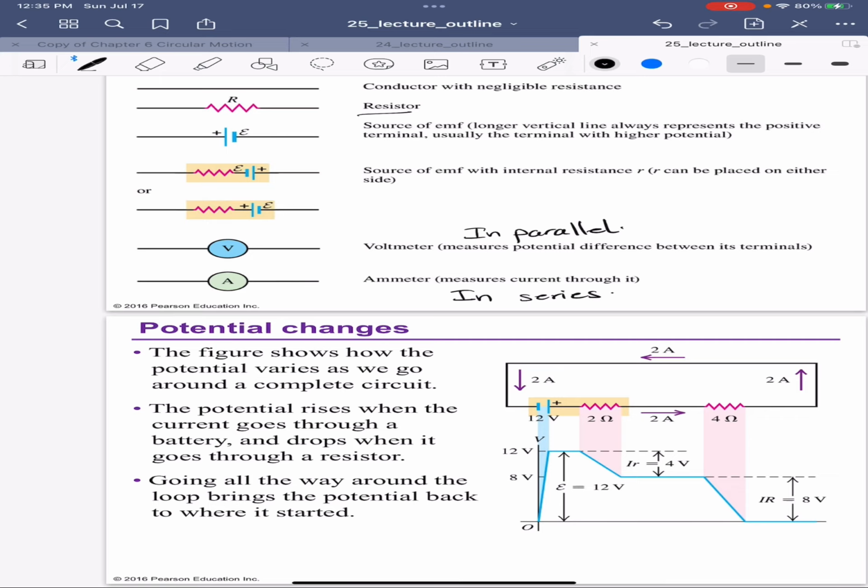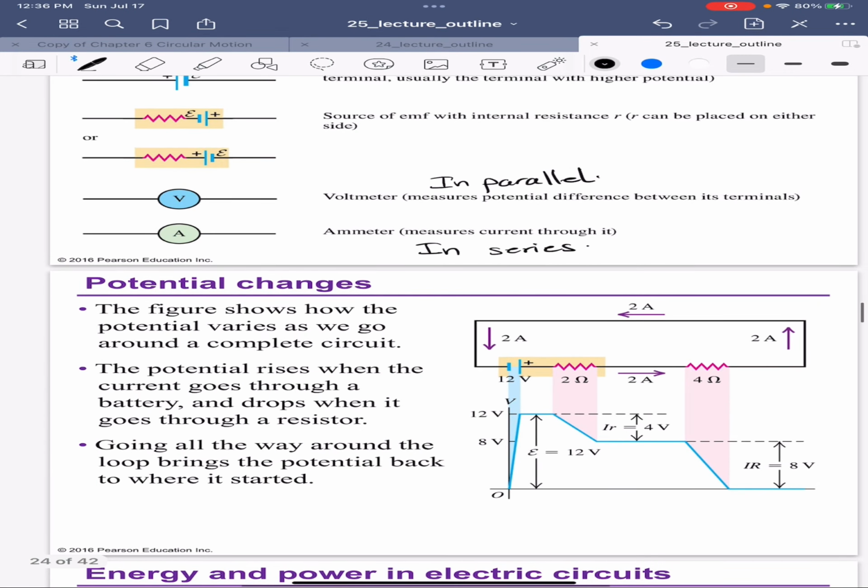Now, potential changes, and I will also go over this in the examples. The figures show how the potential varies as we go around a complete circuit. The potential will rise between this point and this one by a magnitude of 12, from 0 to 12. Then, because this is a wire, it stays the same. Now, the current goes through the resistor in this direction, therefore there is a drop.